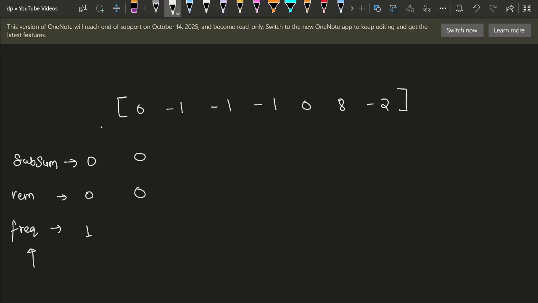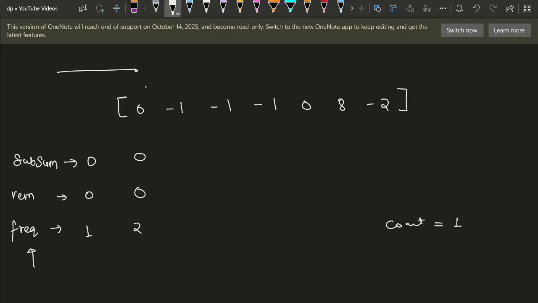Whether that remainder exists earlier or not. When we reach here, the remainder is still 0, which means that this part should ideally be divisible by 3. Is 0 divisible by 3? Yes, 0 is divisible by 3. So we keep track of this and then we increase the frequency of 0 to 2.